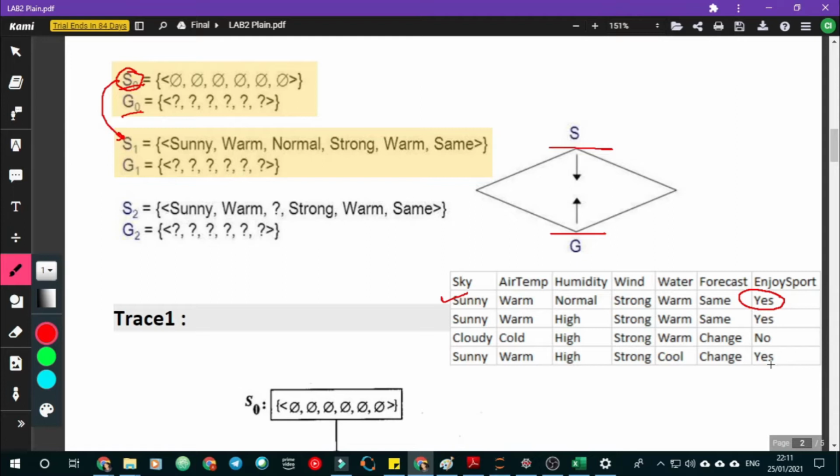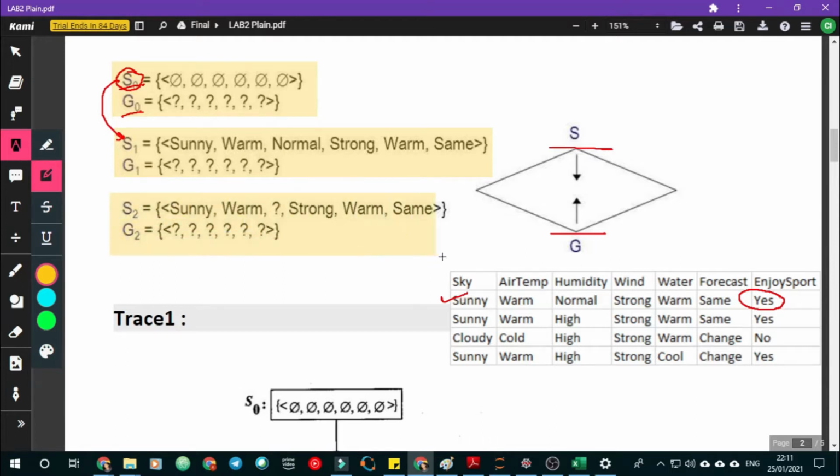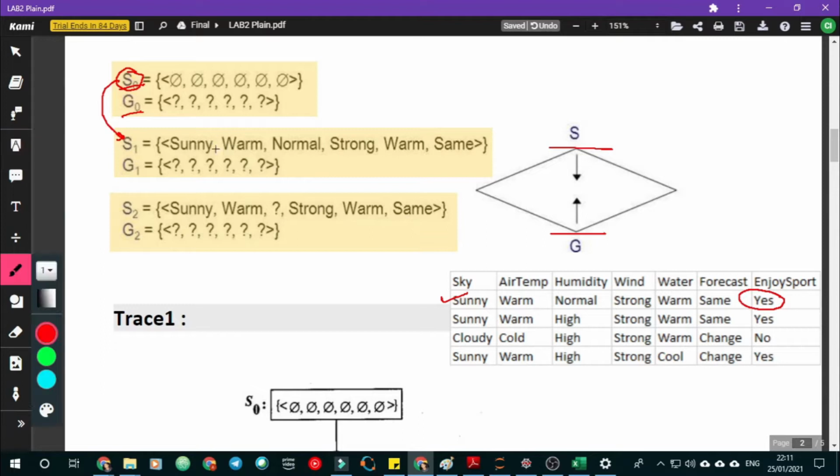When we read the last one, we get to know what changes we can make in general when we read the positive example. Okay, the fourth data sample. Now we read the second data sample. Everything was null, and while reading the first data sample, this became the first data sample itself.